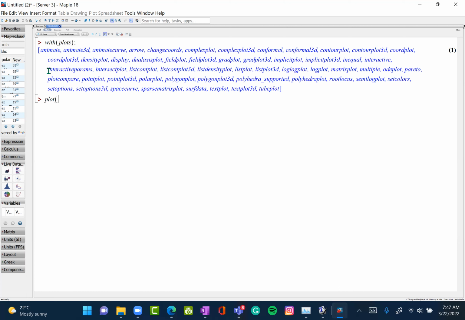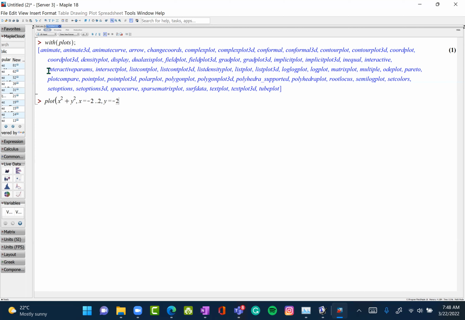Plot the one that we had earlier. X squared plus y squared. Z equals this. Okay, when x equals say -2 to 2, y is the same.